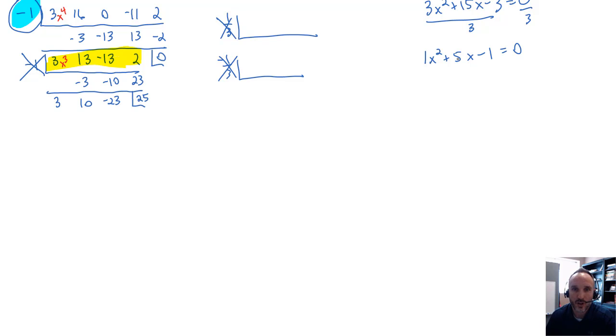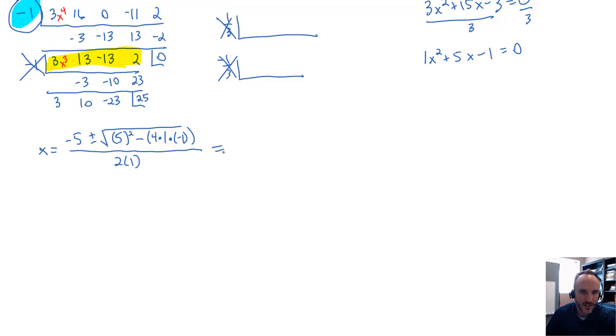So A is 1, B is 5, C is negative 1. So we get x equals negative b plus or minus the square root of b squared minus 4 times a times c, and that's all over 2 times a. Since I'm limited on real estate, I'm going to work horizontally here, which is typically bad practice, but it's going to be easier for you to see everything.